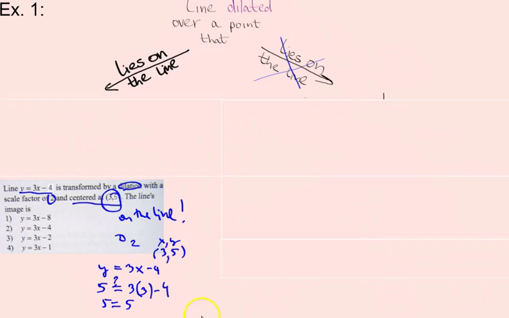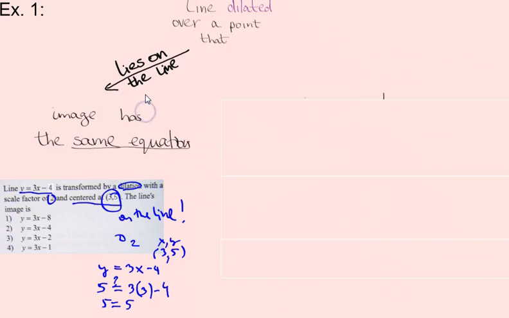But that also means that this situation is not what we're interested in. Since it lies on the line, we know the equation that you will receive as a result will be the same as the original. Therefore, the answer is choice 2.